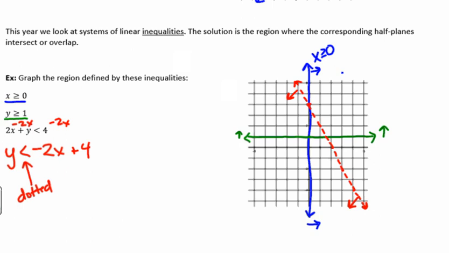Well, that's going to be in this little triangle here, would be the shaded area that satisfies all of those three lines with their inequalities. And we can label that as the region of solutions. We'll talk about how to identify some solutions in a few examples, but this is the general area where I would have any possible solutions exist.